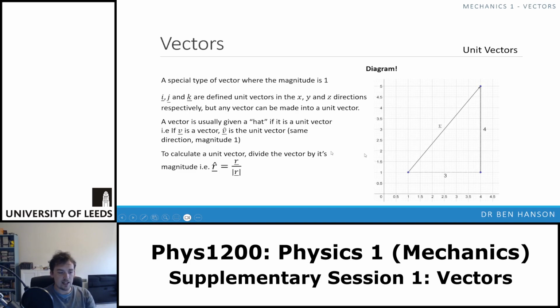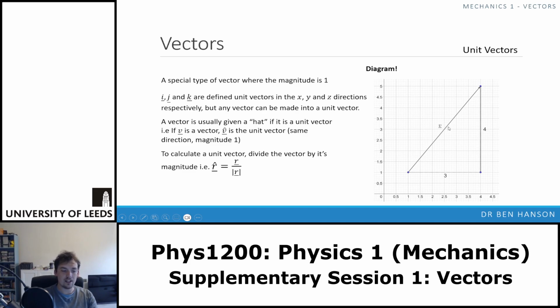So here's a diagram, check it out. Here's v, some vector. It's 3 in the x direction, or 3i, and 4 in the y direction, or 4j. If you know your Pythagorean triples, you might know that this is of length 5. 3, 4, 5. So the magnitude of this vector is 5.